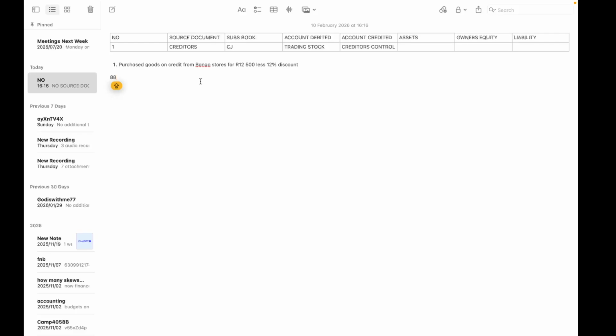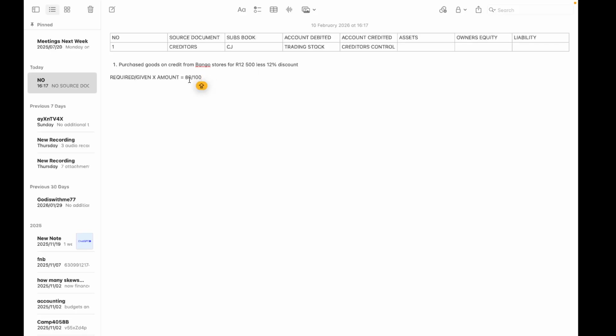So we're going to say required over given times amount, which is going to be 88% over 100% because this 12,500 is 100% of what we were given. This is the full price, but we need to calculate 88% because there's a 12% discount.